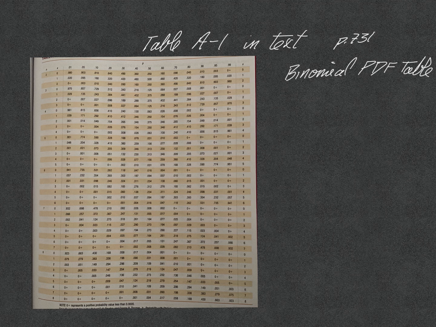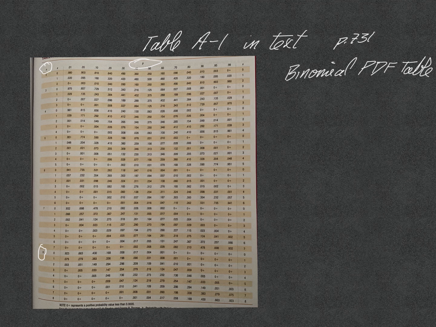And it shows us, for up to n's of size 8, so n from 2 to 8, some various tables for different probability values. So let's change that problem up a little bit.